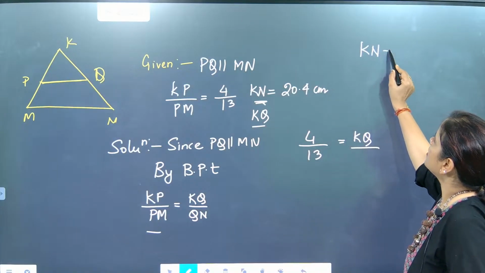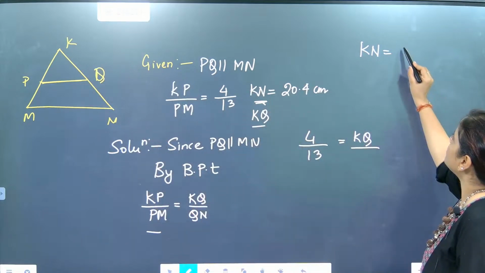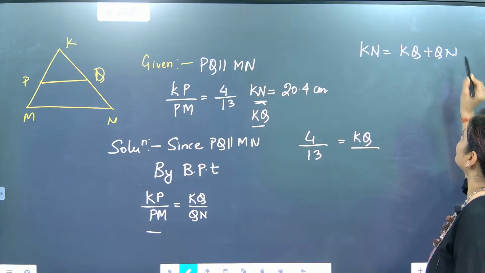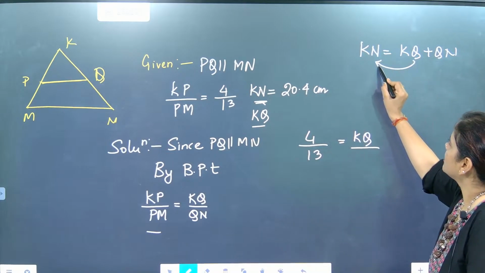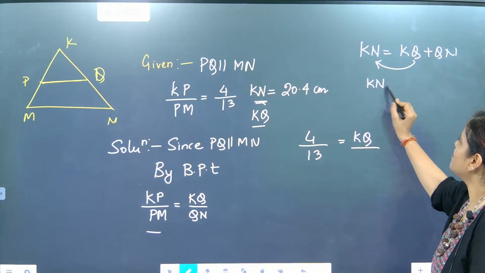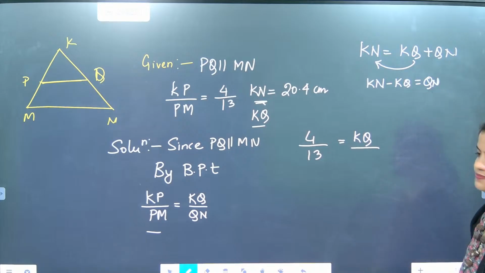Look here. KN is the total length. KN can be written as KQ plus QN. Understood? We'll shift this to this side, so KN minus KQ is equal to QN.